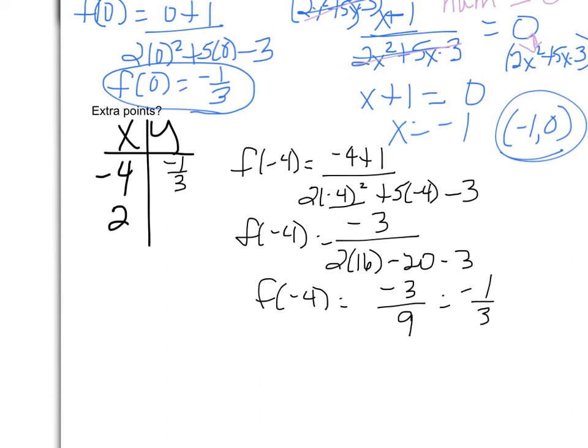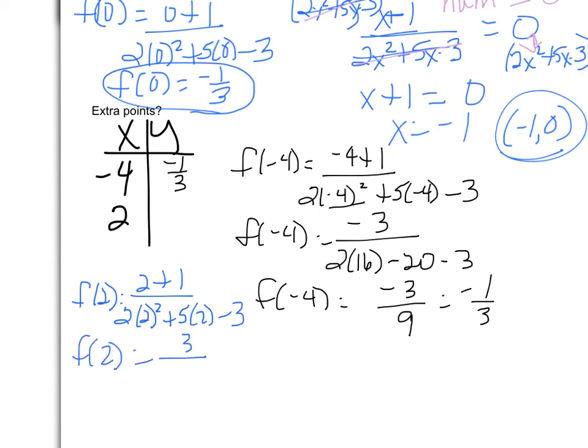Now let's plug in that 2. So if I have f of 2, I get (2 plus 1) over (2 times 2 squared plus 5 times 2 minus 3). So f of 2 is 3 over 8 plus 10 minus 3.